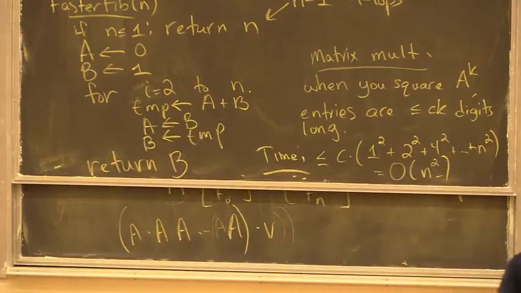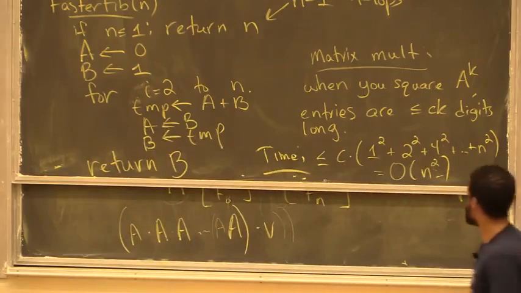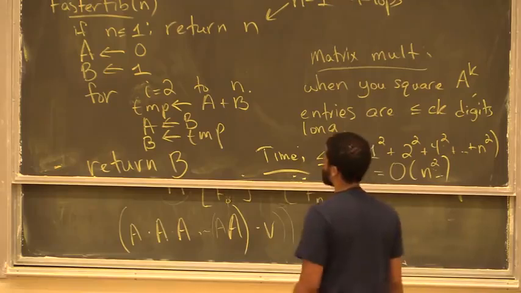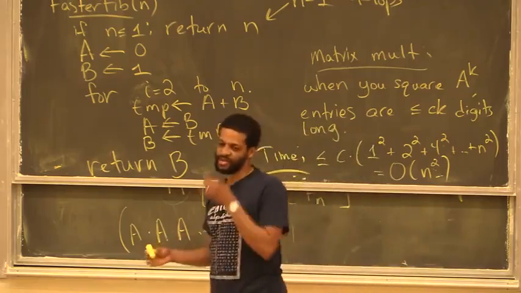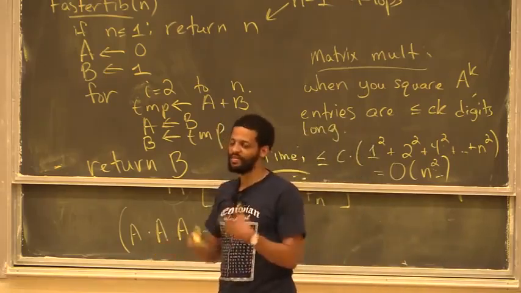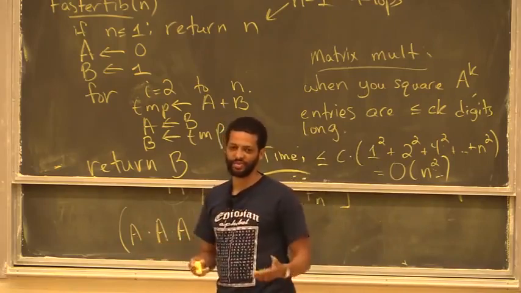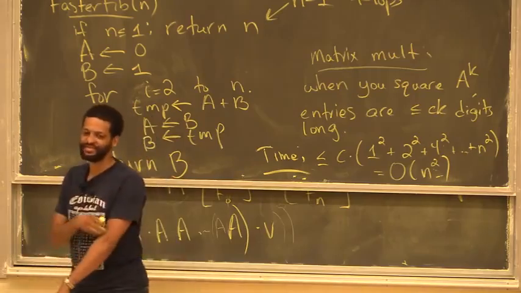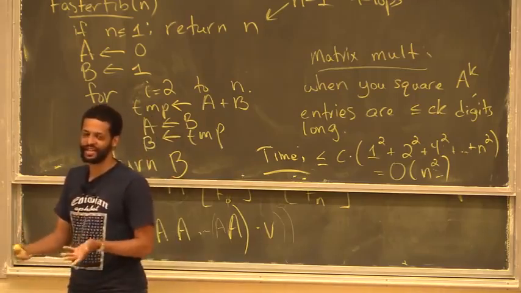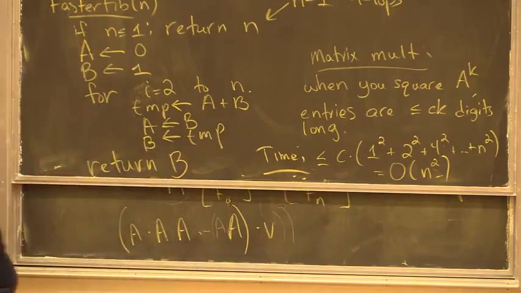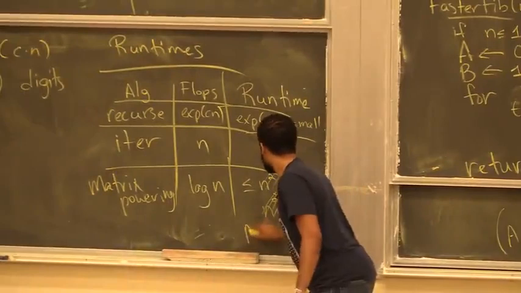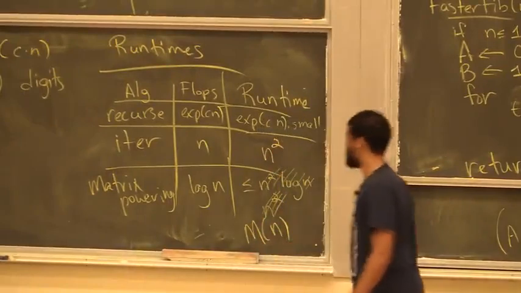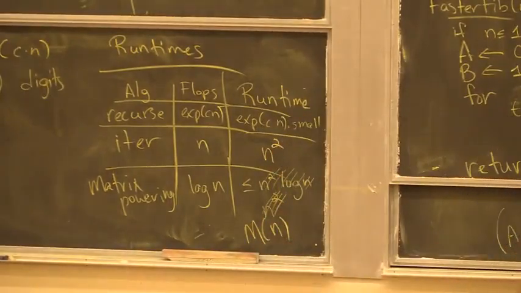As you said, if you don't use the grade school multiplication algorithm, if you use an algorithm that can multiply two n-digit numbers in, say, M of n time, where M of n is some function like n to the log base 2 of 3, and you know M of n is at least n, because you can't multiply faster than n time, you can actually get this down to basically M of n time, where M of n is the runtime to multiply two n-digit numbers.